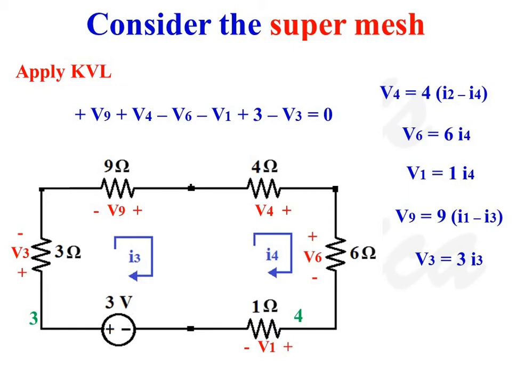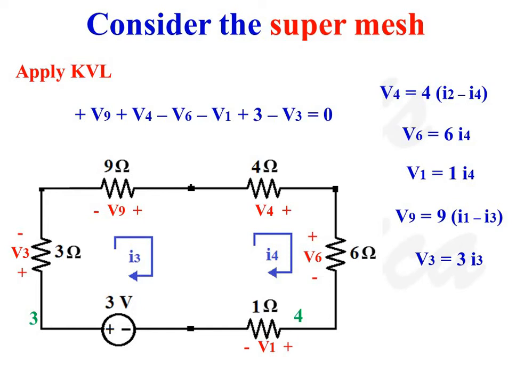When we consider V6, as we move from positive potential to negative potential, V6 should be taken as negative. When we consider V1, voltage drop across 1 ohm resistance, as we move from positive potential to negative potential, this term should be taken as negative, minus V1.